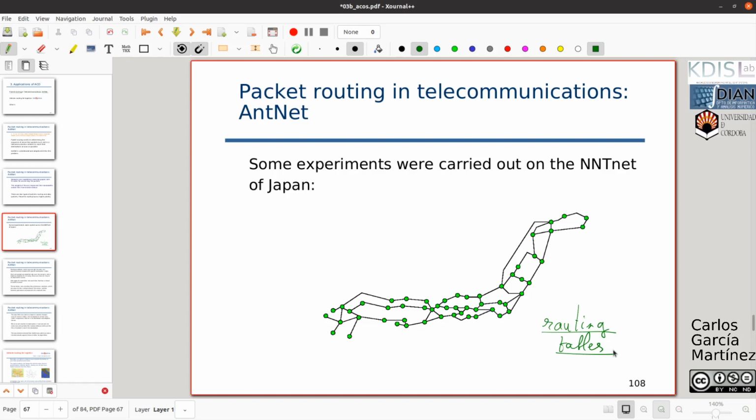Well, so there were some researchers that considered ant colony optimization for updating the routing tables.